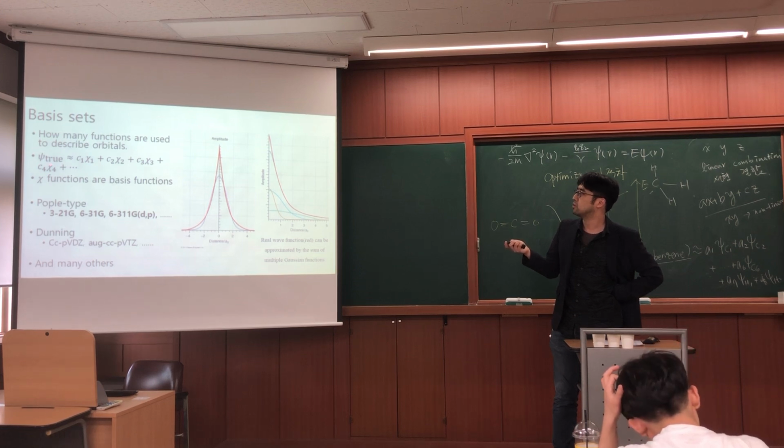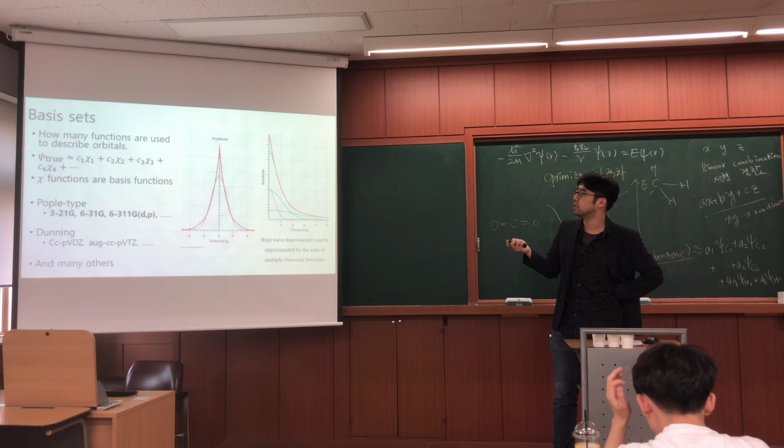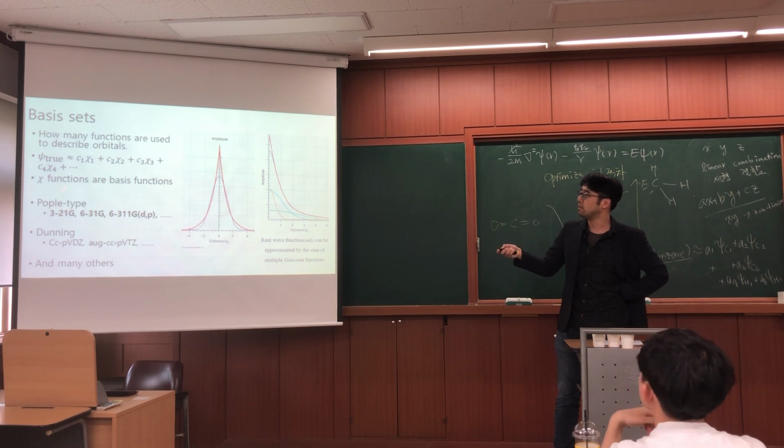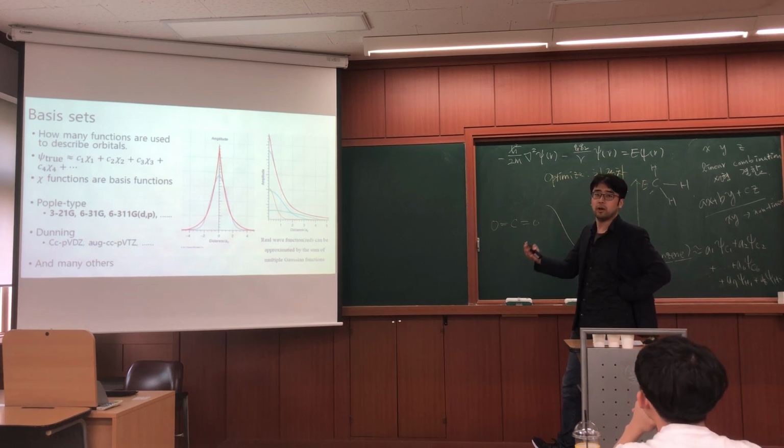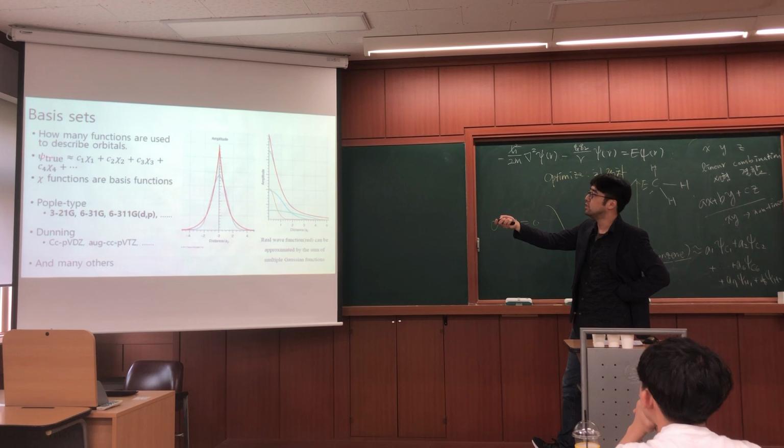Let's assume this is the true wave function of a system, but since we don't know it, we write it as a sum of chi1, chi2, chi3, and chi4. The chi functions are called basis functions. These are functions that we know. We know the chi functions, but we don't know this one, so we approximate it using chi functions.